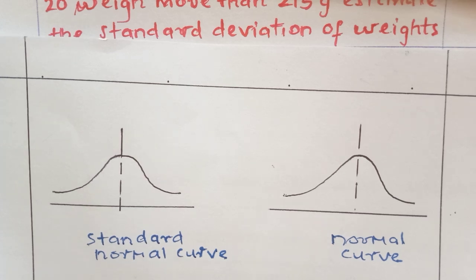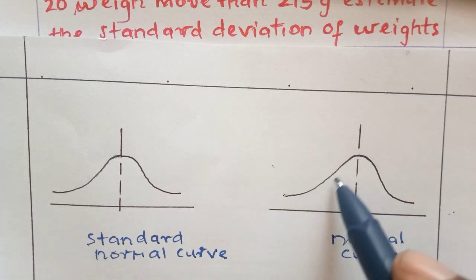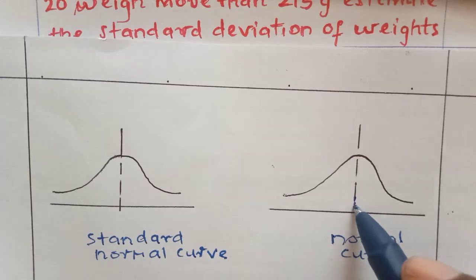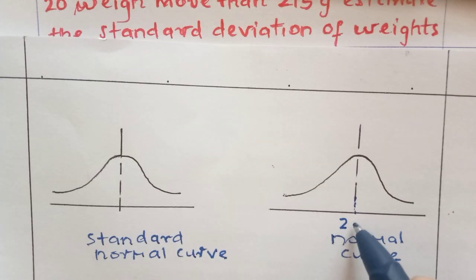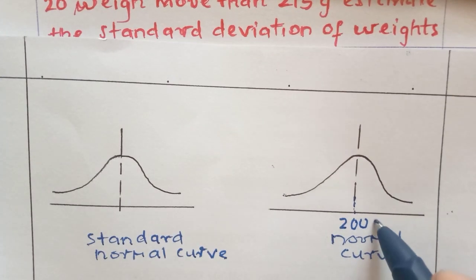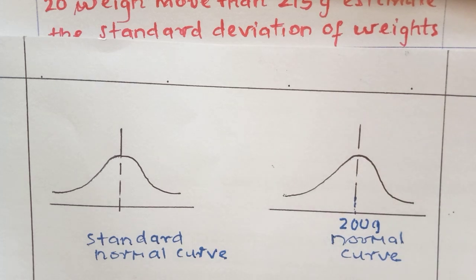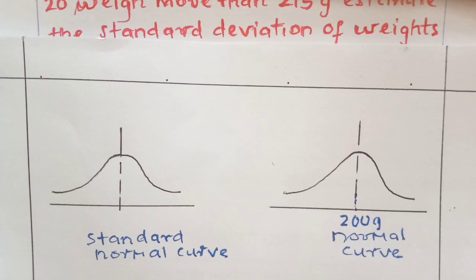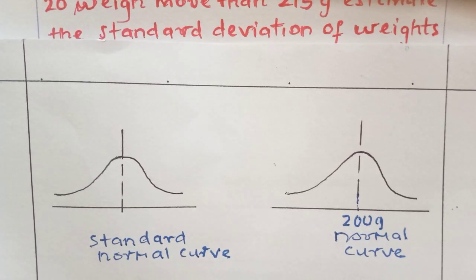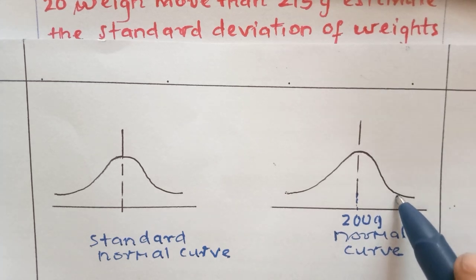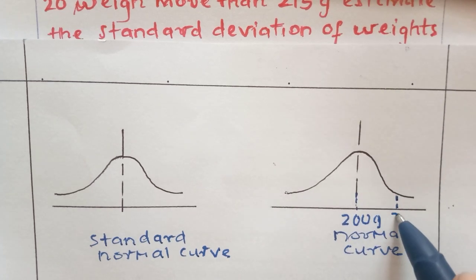The question again states that, using the normal curve, the mean is at the center at this point, and the mean is 200 grams. In a bunch of 300 rollers, 20 weigh more than 215.